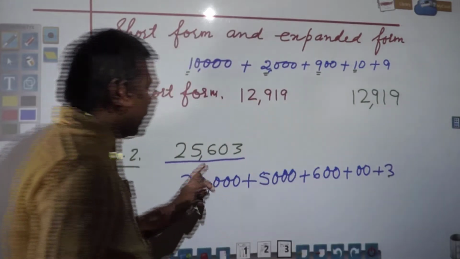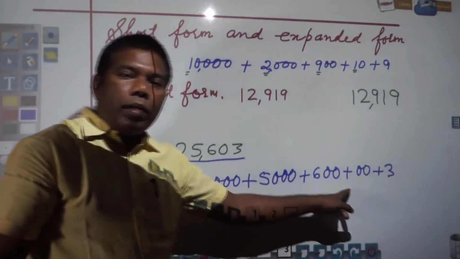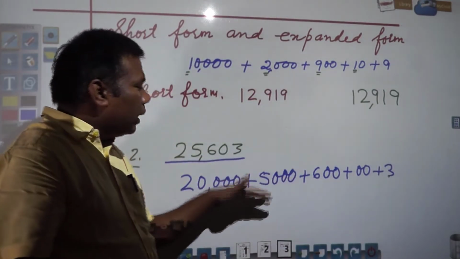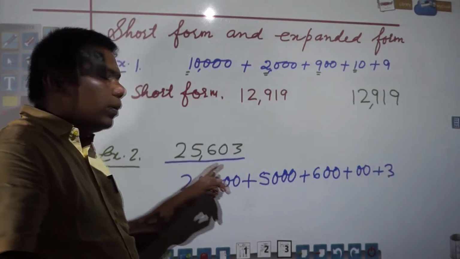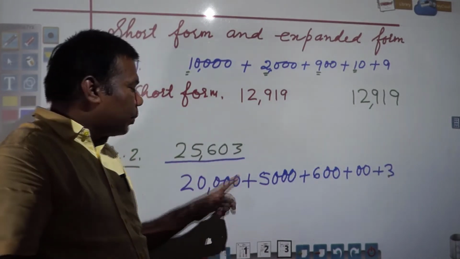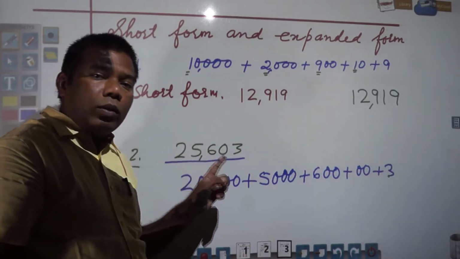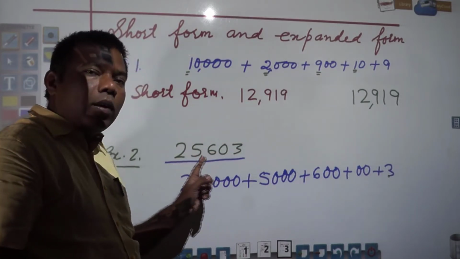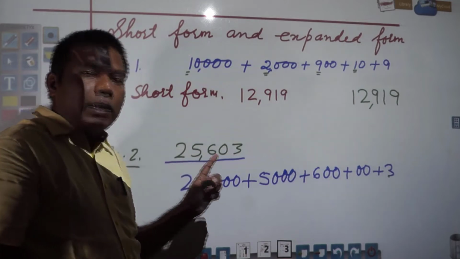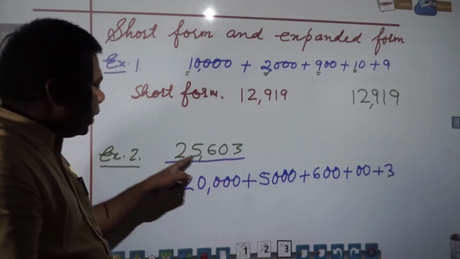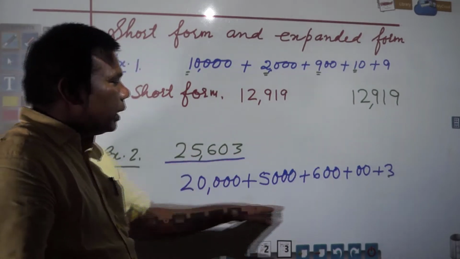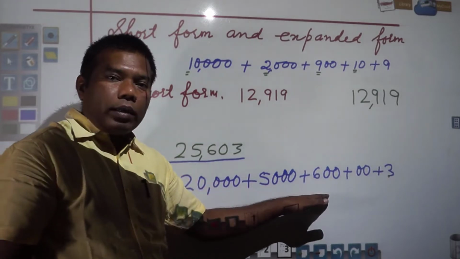So this number has been written in expanded form in this way. So if any number has been given, and if you need to write down in expanded form, you need to know what is the place value of each digit. If you know the place value of digits, you will be easily able to write.